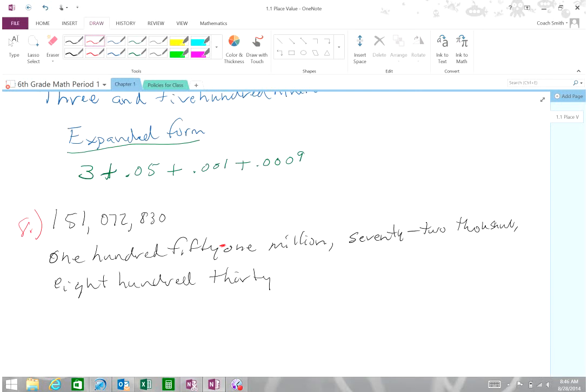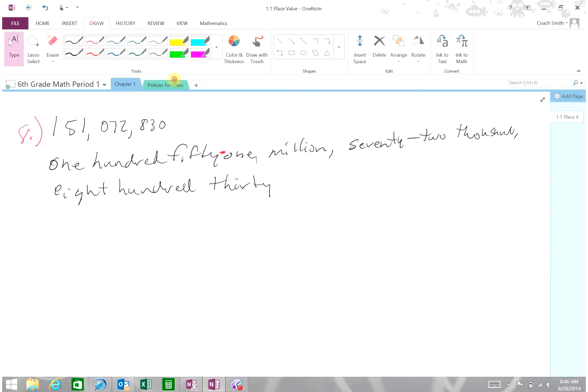All right, now, let's look at it in expanded form. I'm going to do the same thing I did a while ago. This is how you're going to do number 8. The first place value is the 1. What is that place value right there?